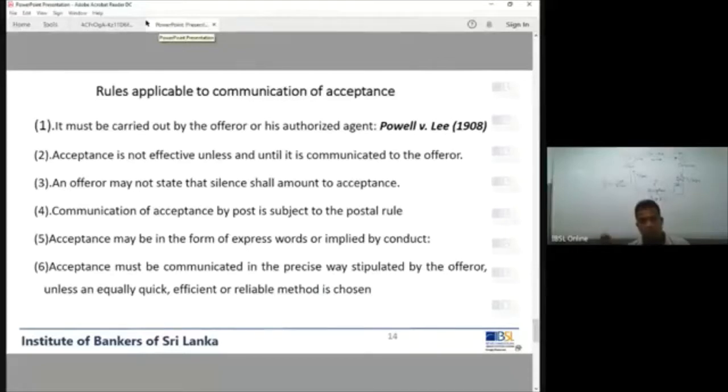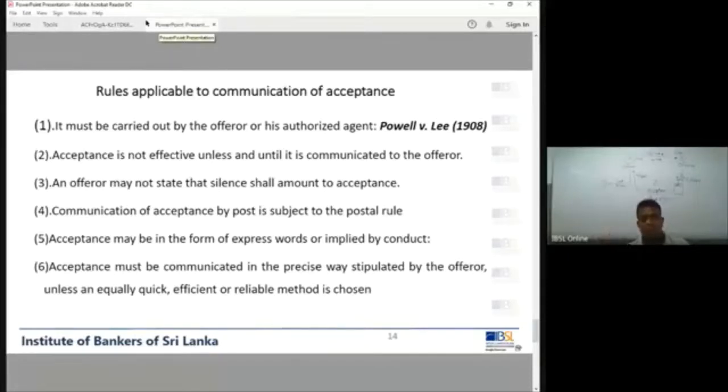So that is the precise way. If the offeror says by letter, you have to send a letter. If the offeror says by email, you have to send an email. But when it is not mentioned, the offeree can choose, or the offeree can choose an equally quick, efficient, or reliable method.